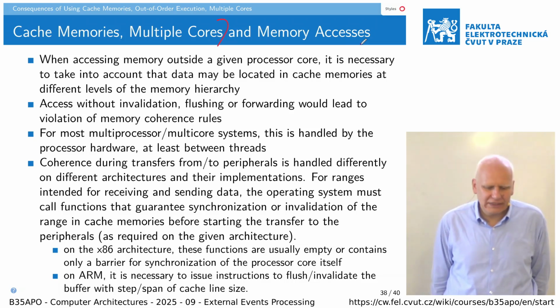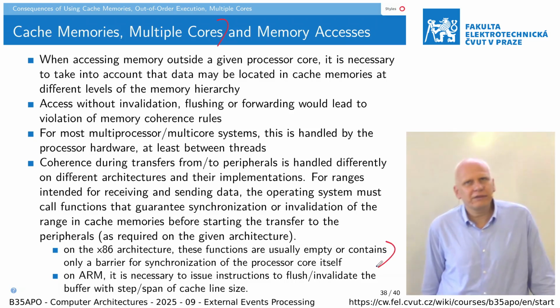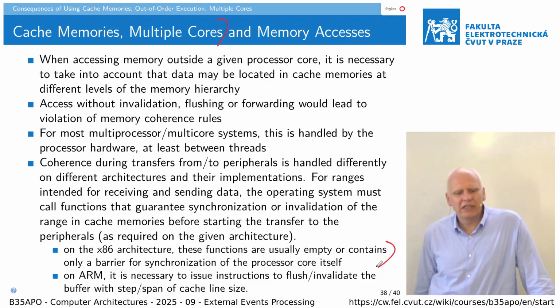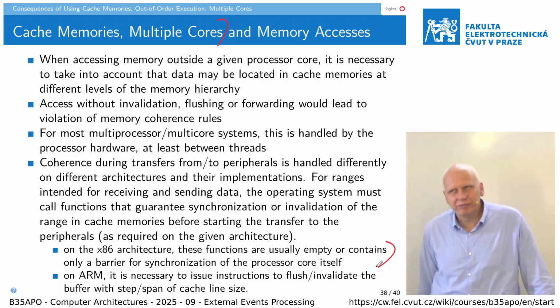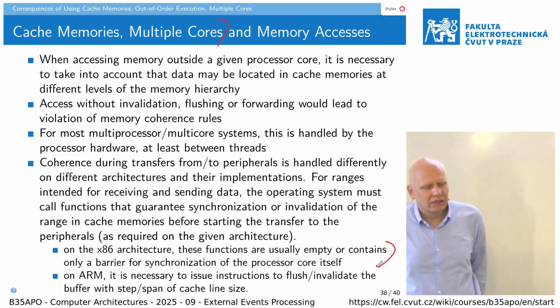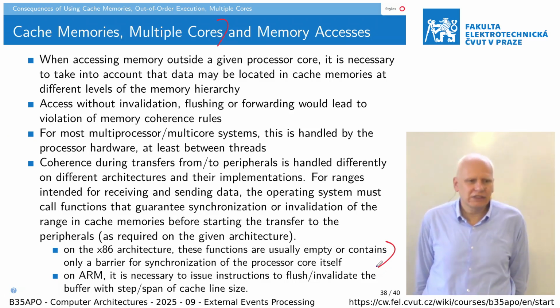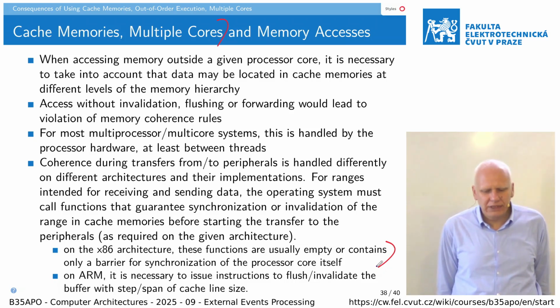On x86 it is usually not so complicated, and today even on some RISC architectures there is some mechanism by which coherency between the cache memory and the bus subsystem is in some cases kept. You can even use some mapping of the memory which is non-cached. That is another option, but anyway, it is necessary to be very careful about it.